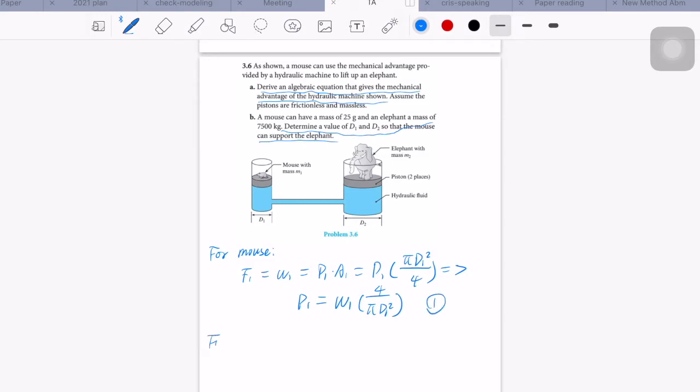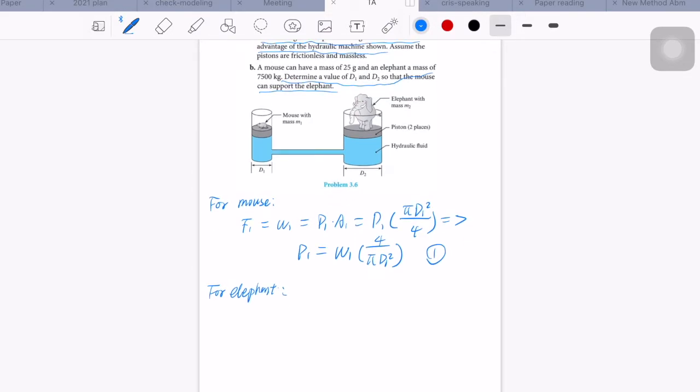And for the elephant's piston, the force on the piston F2 equals the weight of the elephant, W2, which equals P2 times A2, equals P2 times pi times D2 squared over 4.